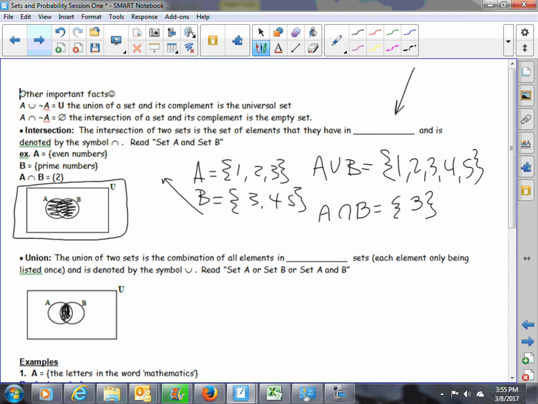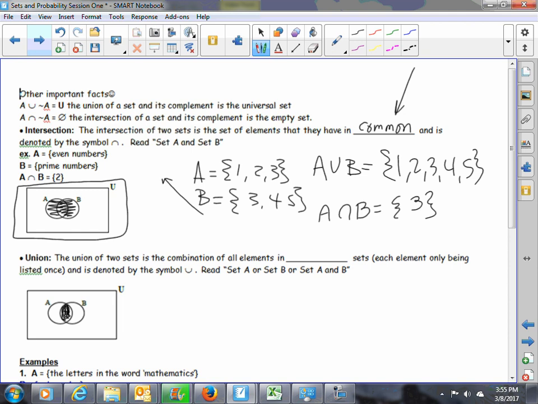So if you look up here, it says the intersection of 2 sets is the set of elements that they have in blank and is denoted by the intersect symbol. The word is in common.